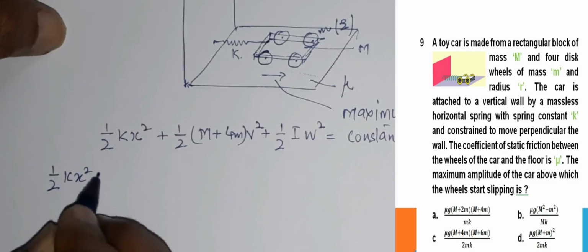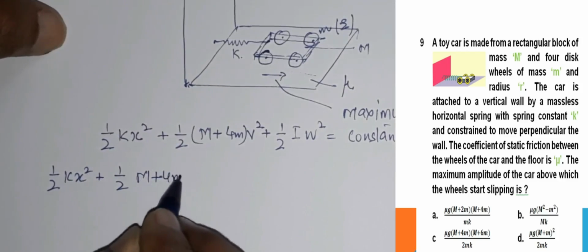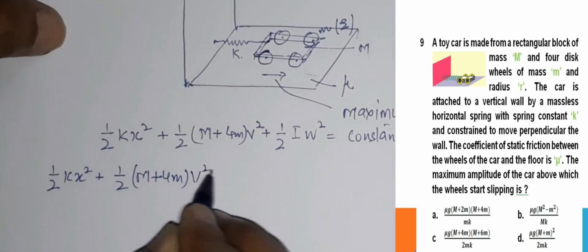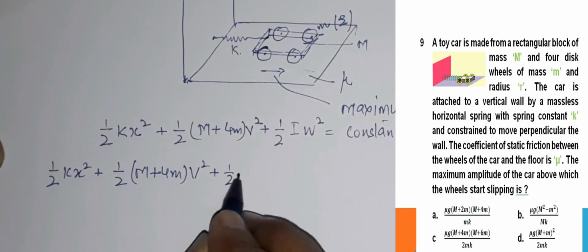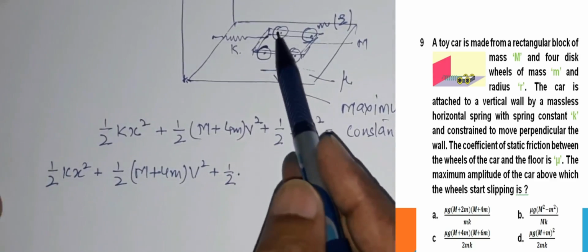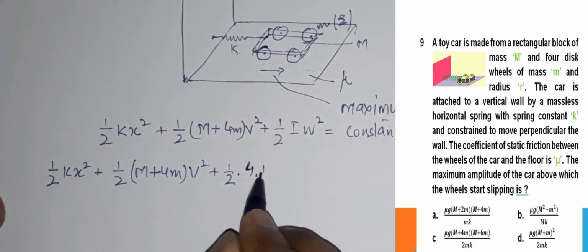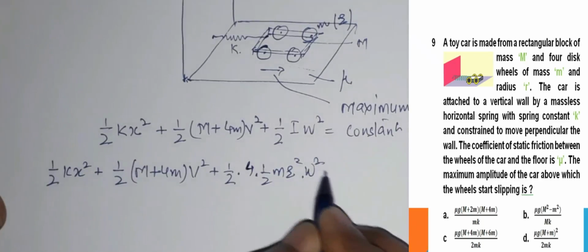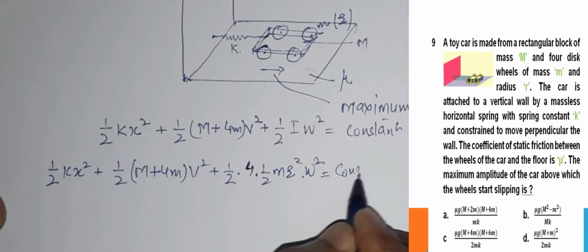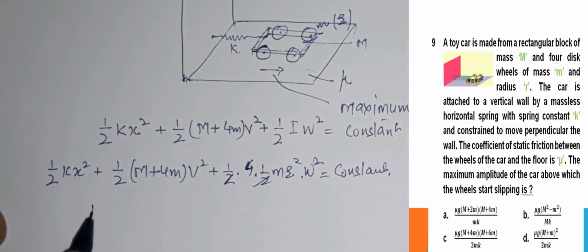Half kx square plus half m plus 4m v square plus half the moment of inertia of these 4 wheels, which is 4 into half small mr square, is equal to constant. Solving this, what are we getting?